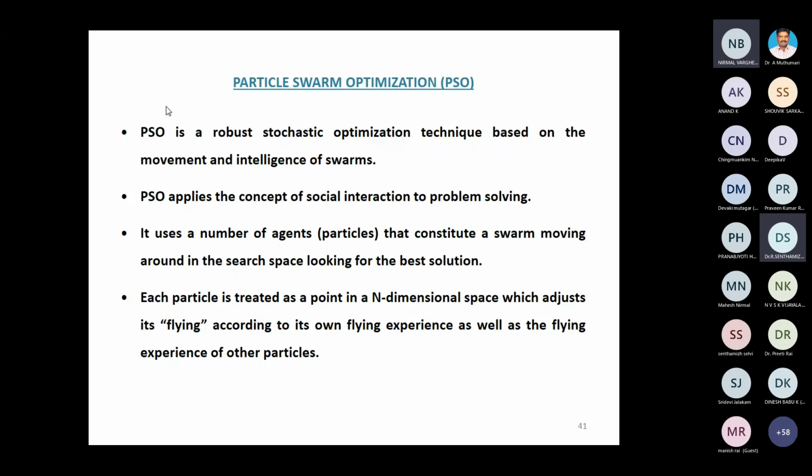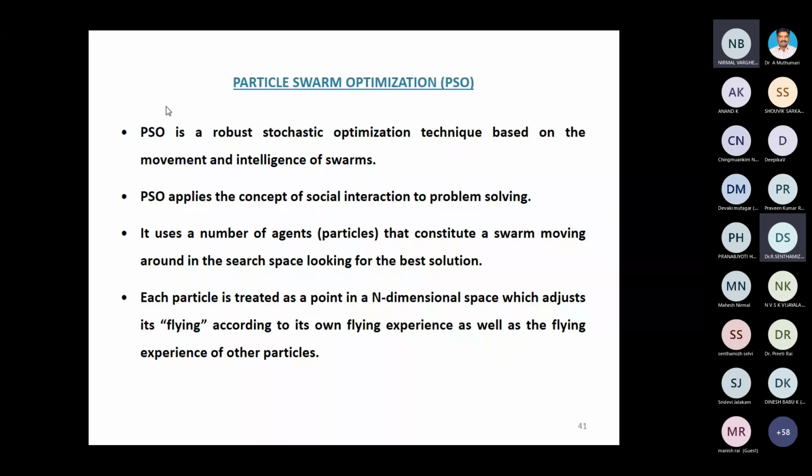That is called intelligence. In the same way, here also you need intelligence. Here also we have particle movement, particle velocity, and particle inertial moment factors. All are called the intelligence concept in the PSO real-time application.